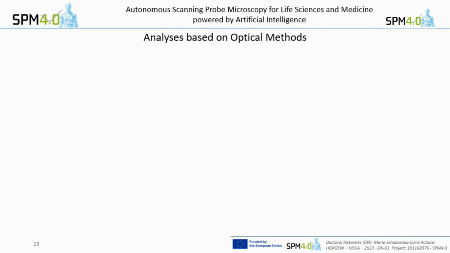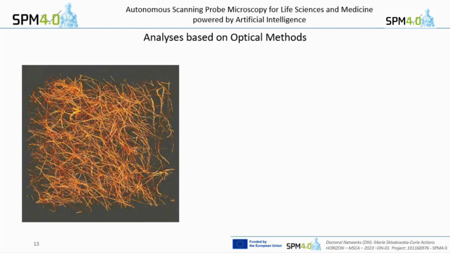So far I just showed you some nice images and methods. Now I wanted to talk about what we can actually do with this kind of information, with analysis based on optical methods. Let's go back to collagen. With this high resolution image cube, you can, for example, have a look at architectural features, such as pore sizes.